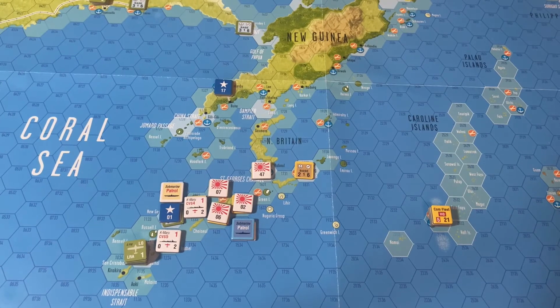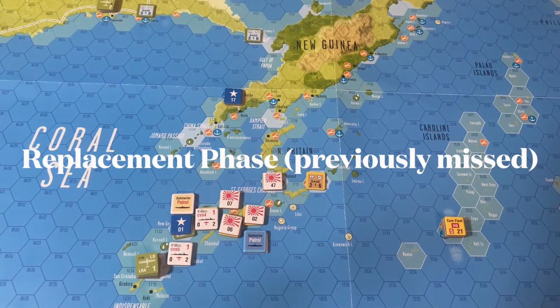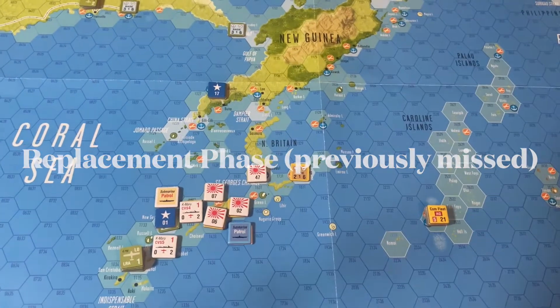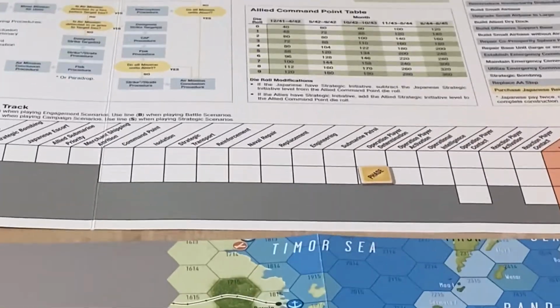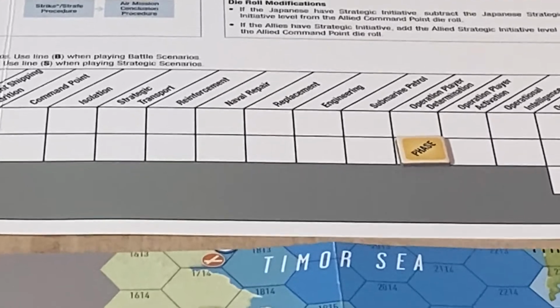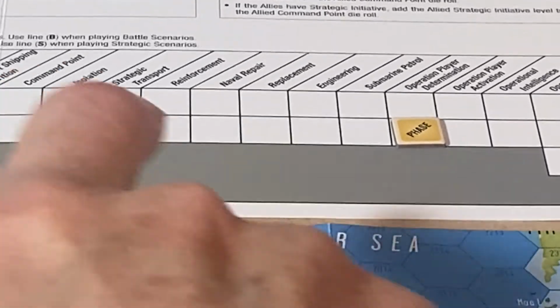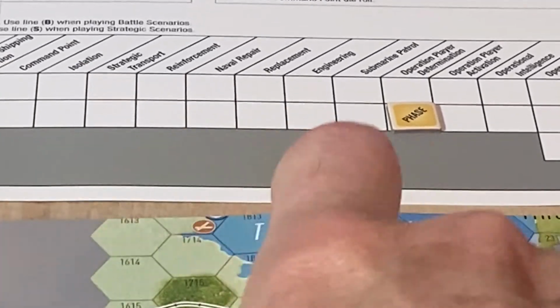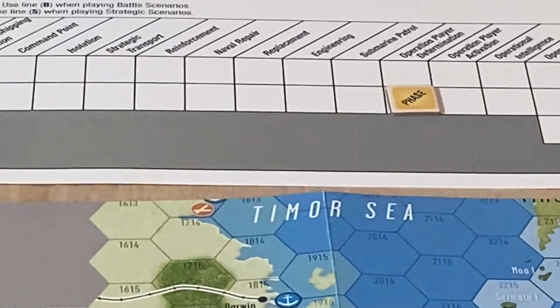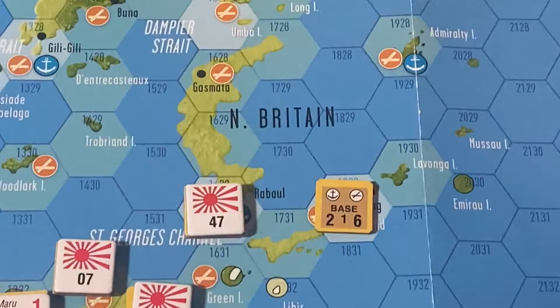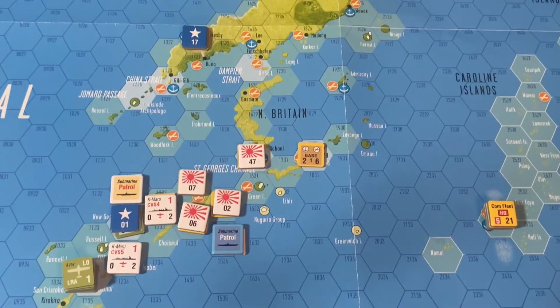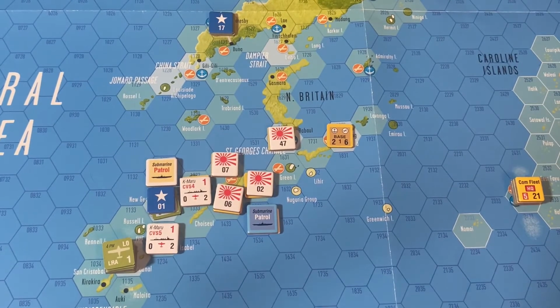I wanted to do a quick interjection here because I missed the replacement step, and that's one of the things that I wanted to make sure we covered. It's got to be right there. I skipped from naval repair to engineering, but it's kind of important to understand how that works in campaign strategic scenarios.